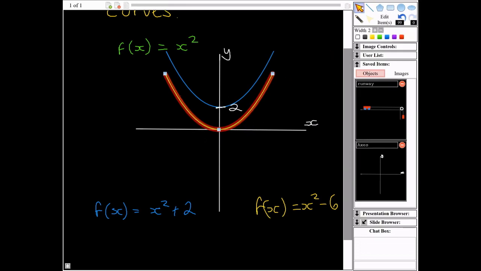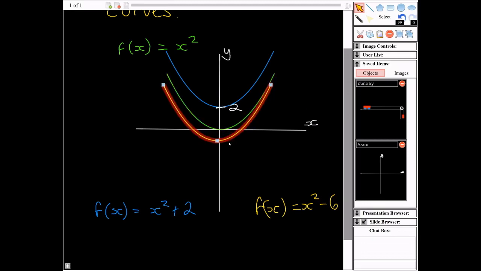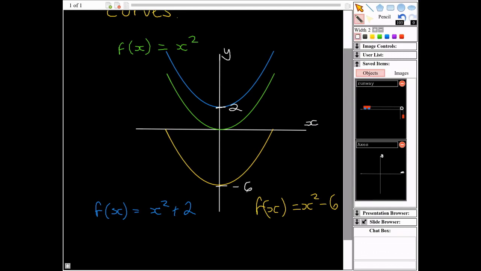And then in this case, it is going to shift downwards, because I've done my x squared function, and then instead of adding on, like I did here with plus 2 going upwards, here I've got minus 6, so I'm just going to shift it downwards. So my curve is going to be translated downwards down here like that. And then that point of intersection here is going to be at negative 6.